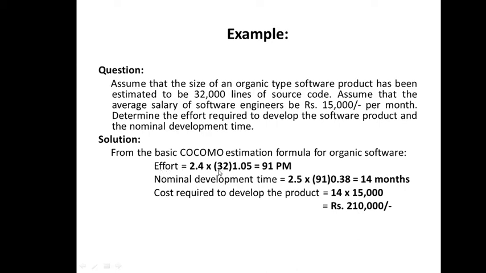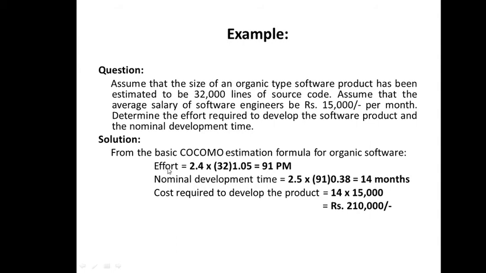So I have written here 32, not 32,000, because it must be in kilo lines of code. Now assume that the average salary of a software engineer is 15,000 per month. Now determine the effort required to develop the software product and the nominal development time.